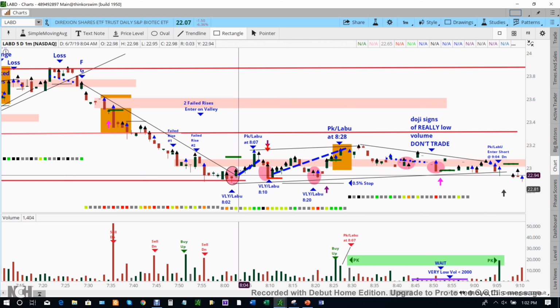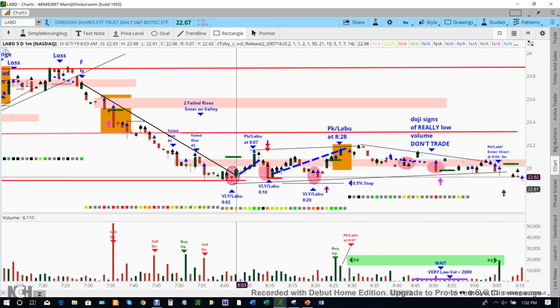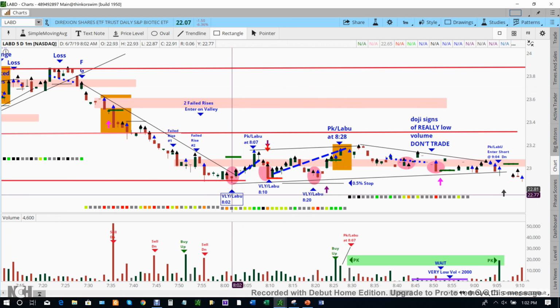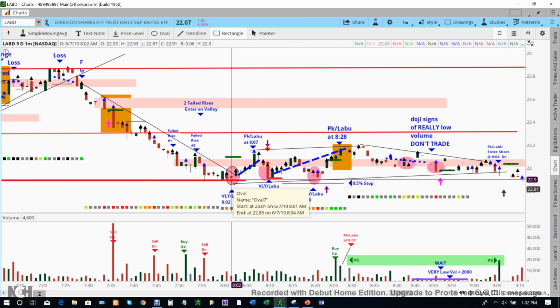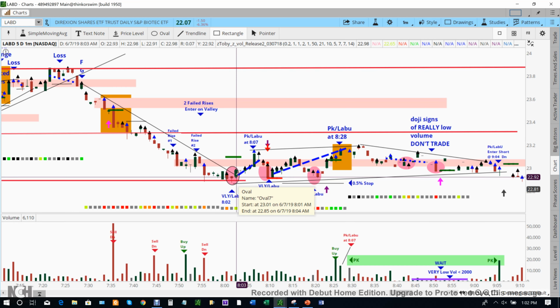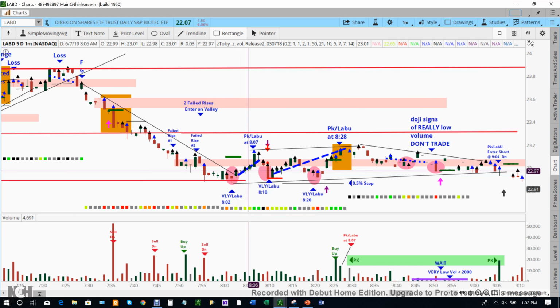Okay, so we're looking at LabD first of all. The reverse ETF LabU says that there's a valley at 8:02. So we say, aha, it's a valley, it's going to start going up. So the very next minute, we can get in right there, right? And then it starts going up.